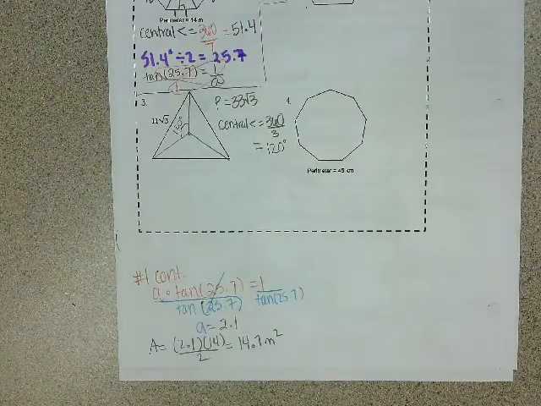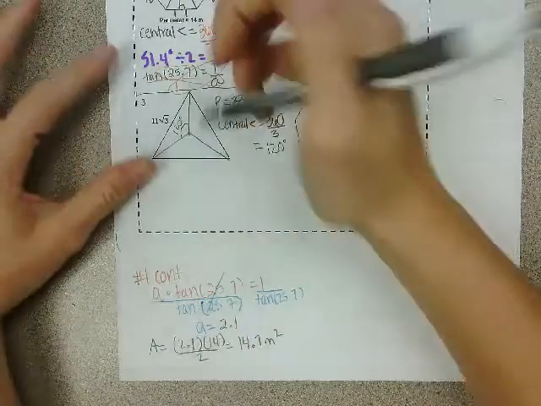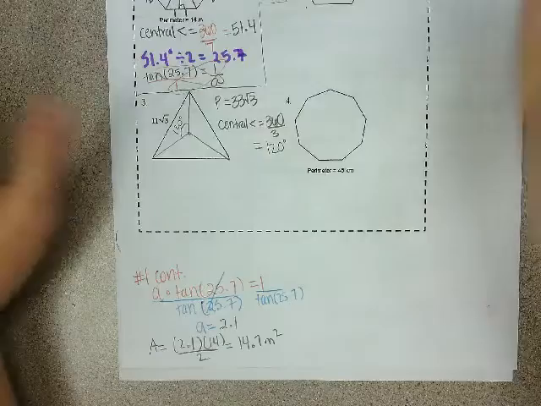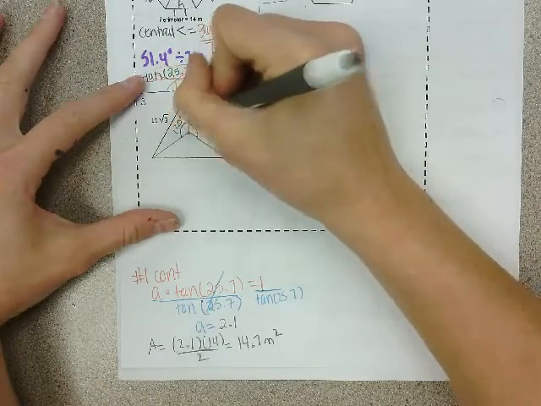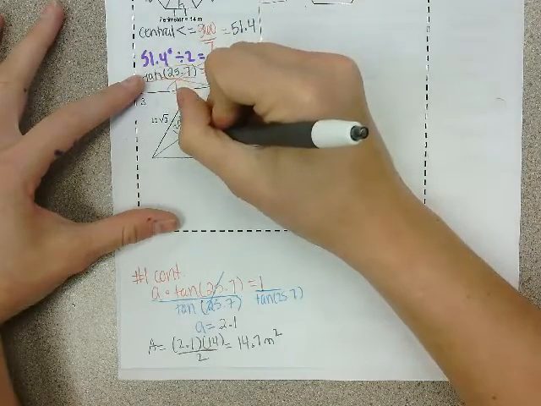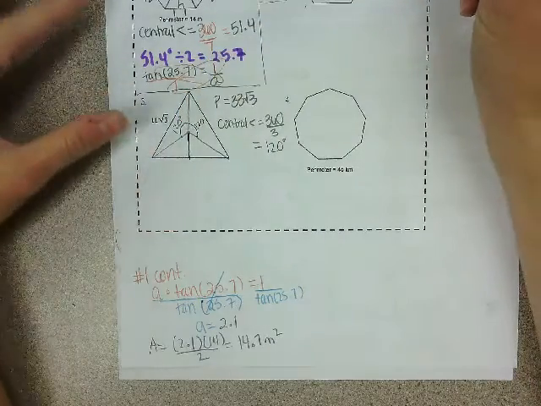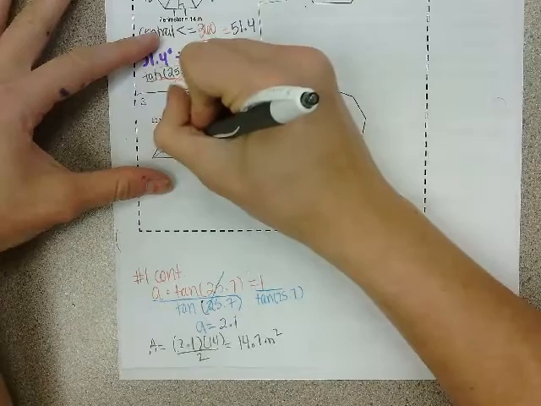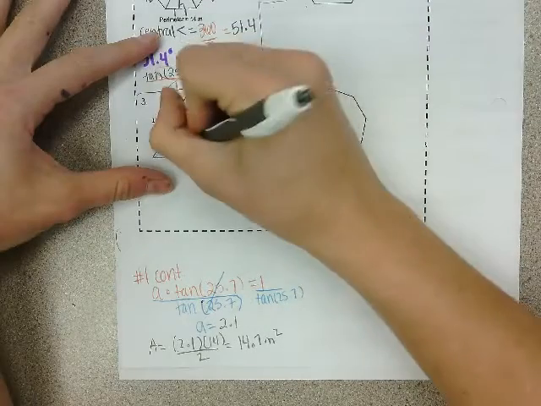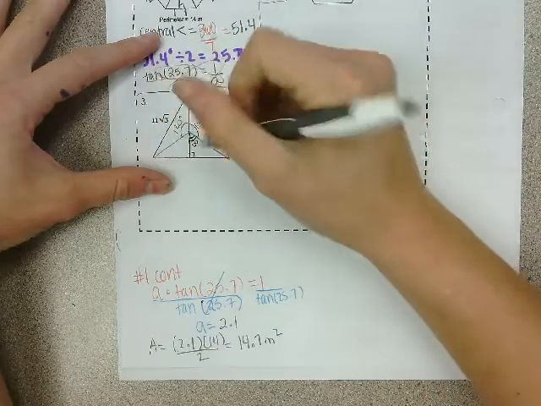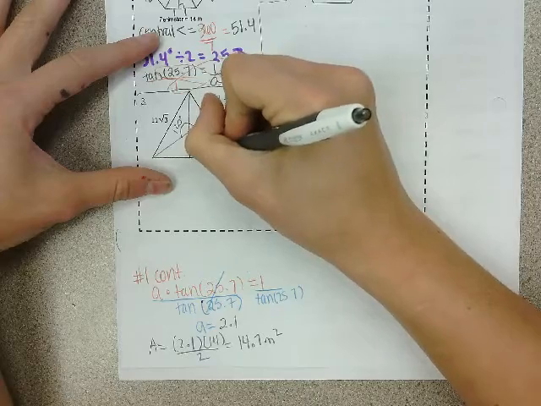Okay, now let's draw the apothem. So all these angles in the center are 120 degrees. Okay, what does my apothem do to that central angle? Cuts it in half. So then what's this angle here? Perfect. This is 60. What angle is this?